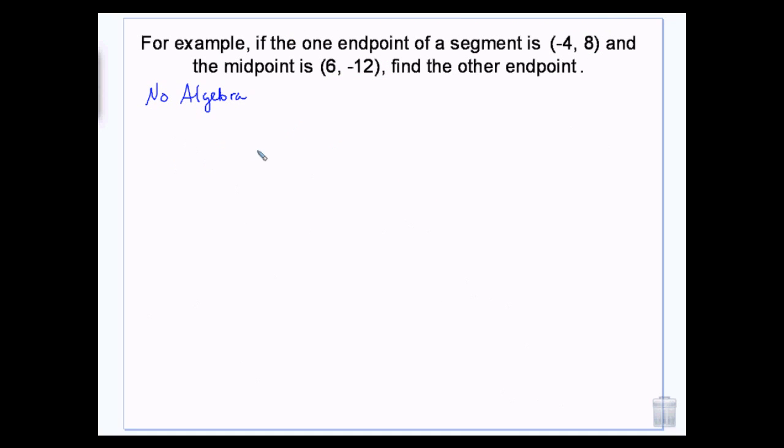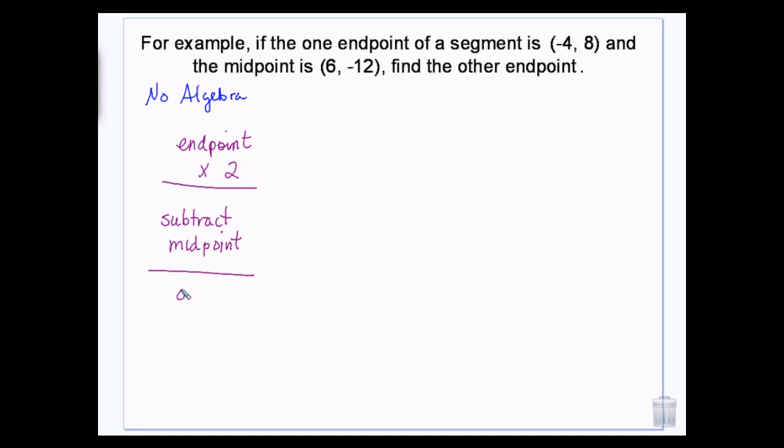So I'm going to write down kind of like a little formula for this. What I'm going to do is take the end point and multiply it by 2, and then whatever answer I get, I'm going to subtract the midpoint from that.